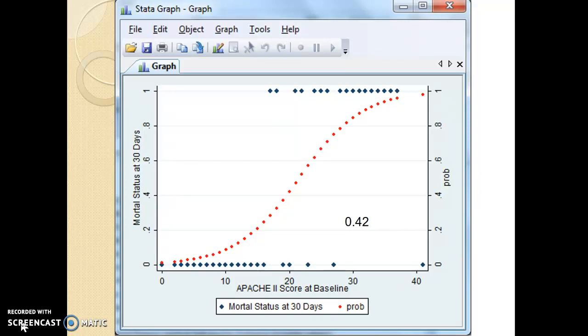You can see that for low Apache 2 scores, the probability for death is low, and for high Apache 2 scores, the probability for death is high. If we look at the Apache 2 score 20, we see that the probability for death is 0.42, and this was what we calculated before.